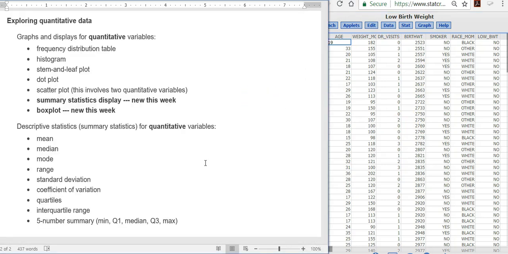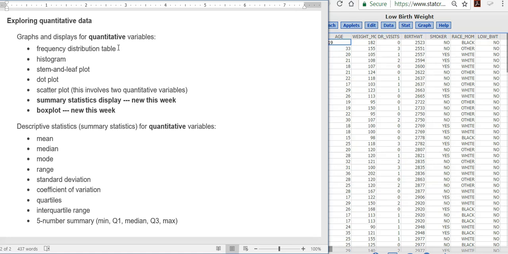So first, we're just going to explore the data that we have. We're going to look at lots of different graphs and displays. We're going to look at the descriptive statistics and see what that might have to tell us. We're going to start with creating graphs, and we want to do ones that are appropriate for quantitative variables and appropriate for this situation. We could do a frequency distribution table. As we found out last week, when we do a frequency distribution table in StatCrunch, it creates the classes for us.